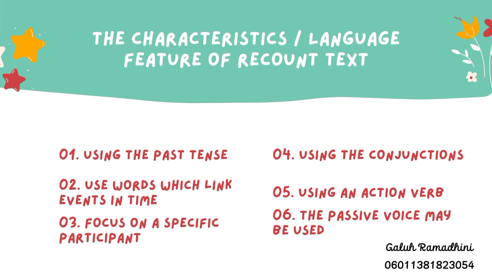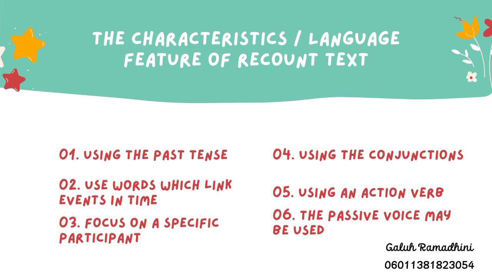And next are the characteristics or language features of the recount text. First, recount text should use the past tense, such as the simple past tense, past continuous tense, past perfect tense, and past perfect continuous tense. Second, use words which link events in time, such as next, later, when, then, after, and so on.